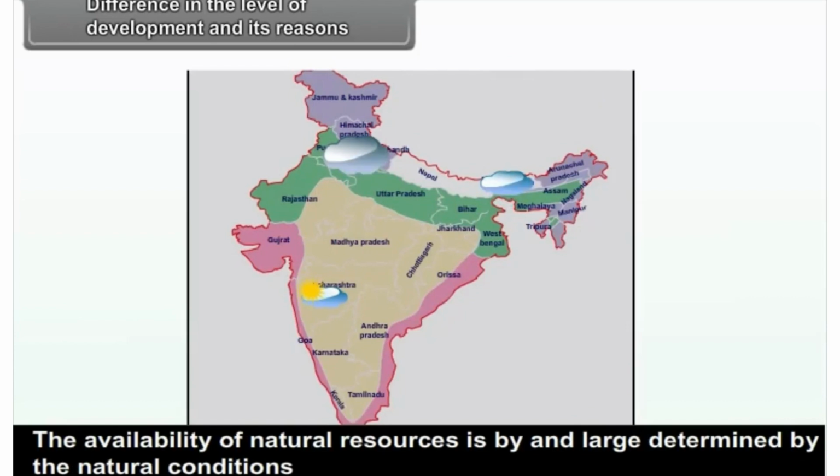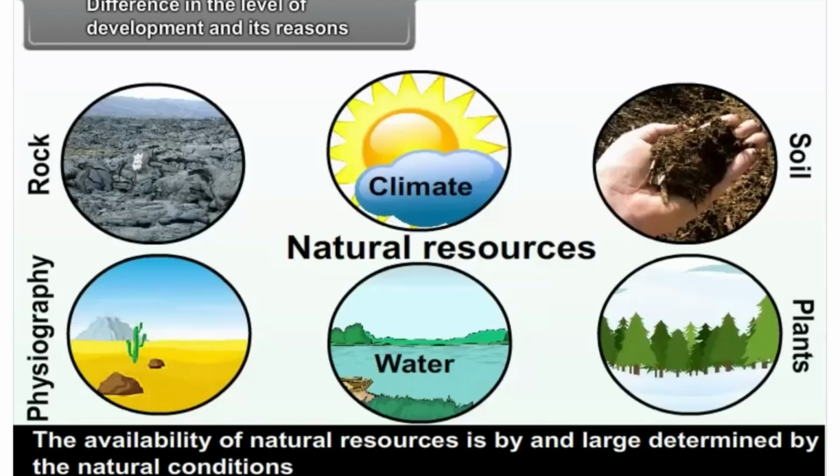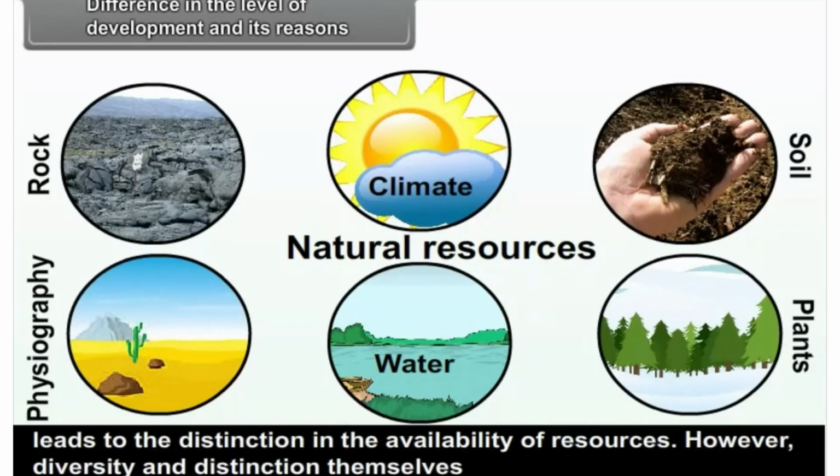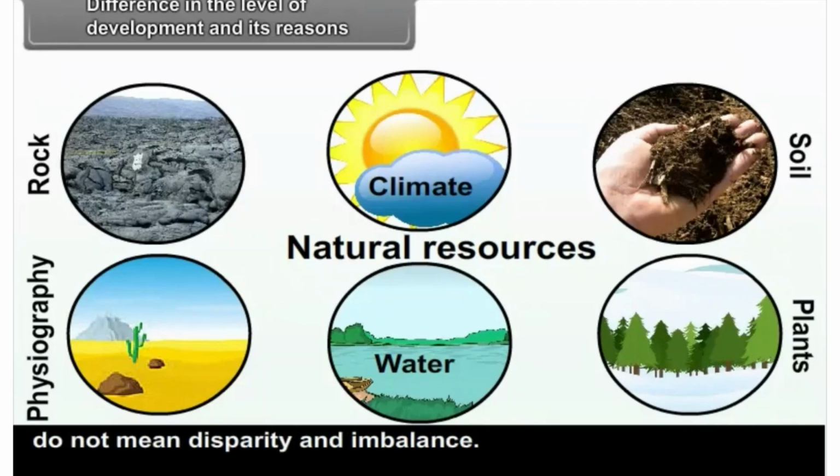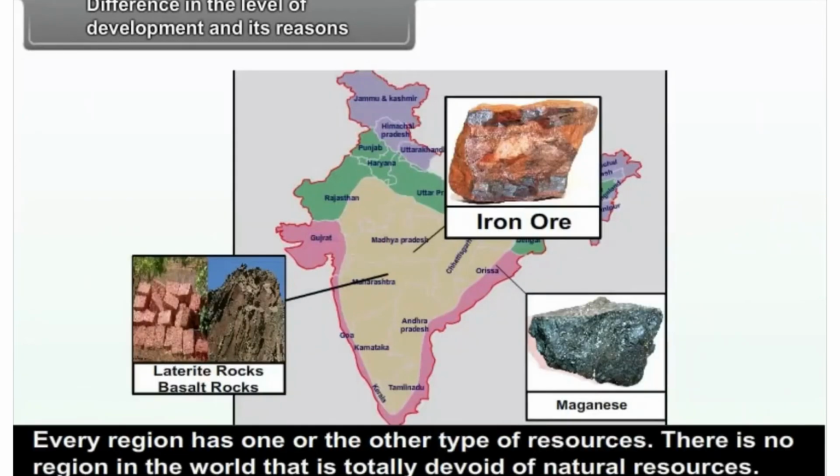The availability of natural resources is by and large determined by the natural conditions, leads to the distinction in the availability of resources. However, diversity and distinction themselves do not mean disparity and imbalance.